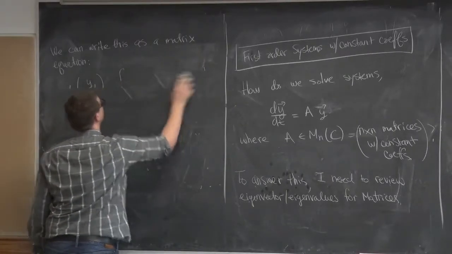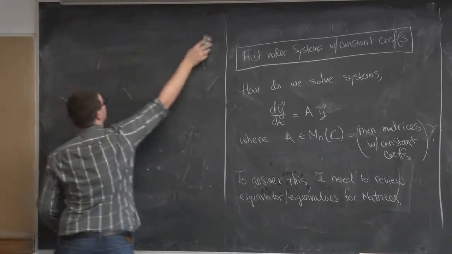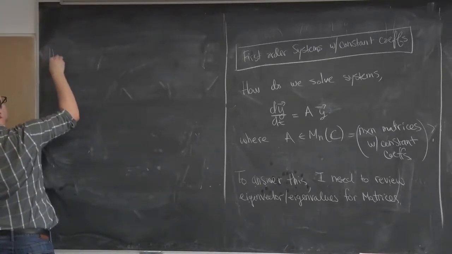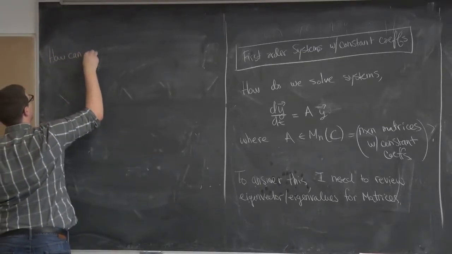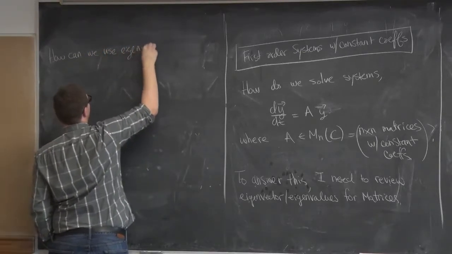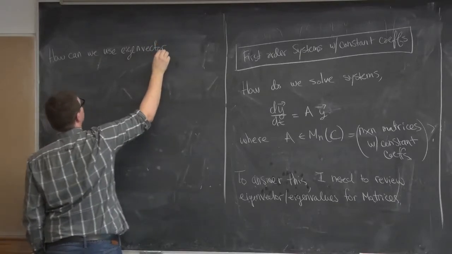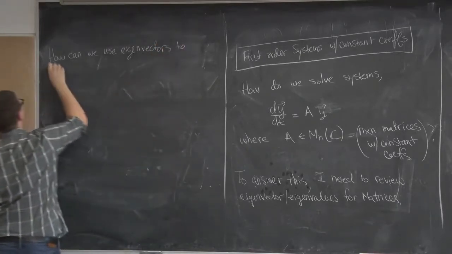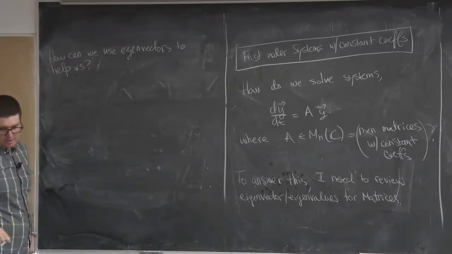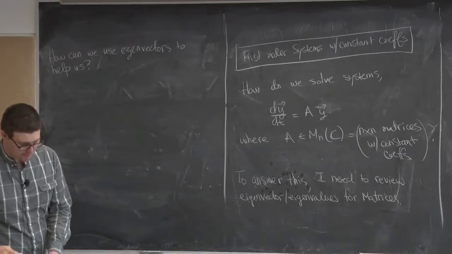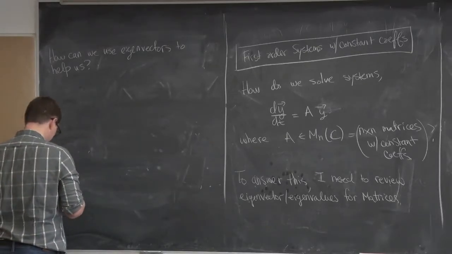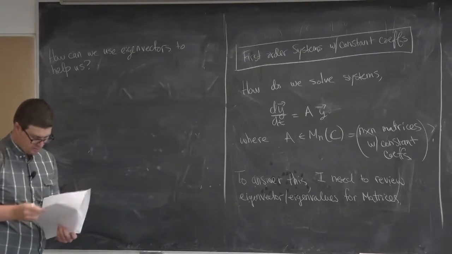How do we use eigenvectors to help us? It's not always true, but I'm going to pretend it's true. All right? So the strategy is the following. Well, let's see.